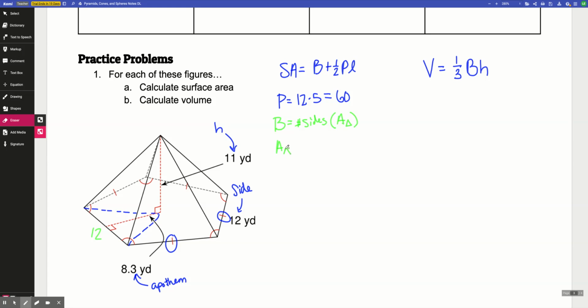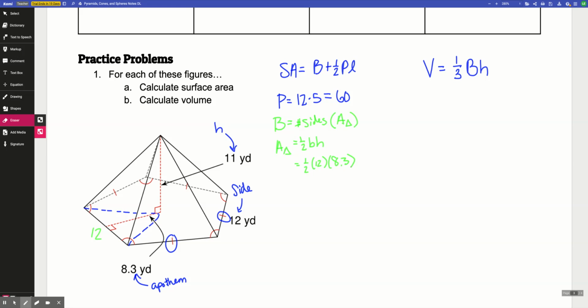So the area of one of those triangles is, remember, 1/2 base of the triangle times the height of the triangle. Okay, so the base of the triangle is 12. And the height of those triangles, and I'm not talking about the triangles that make up the faces. It's not the really tall triangles. It's the invisible triangles that make up the base shape, that make up the pentagon. Okay, so the height of those triangles is 8.3.